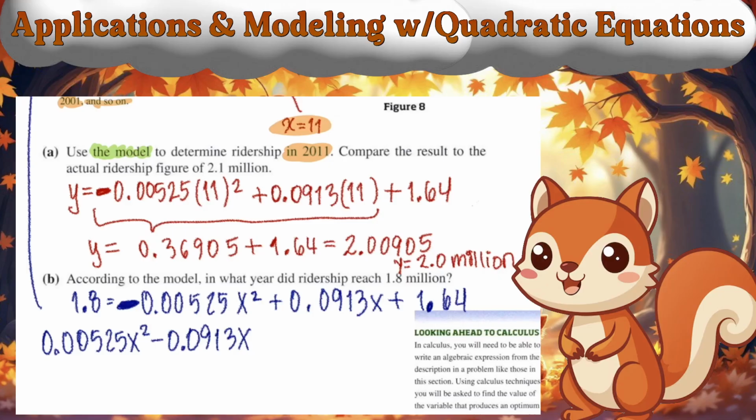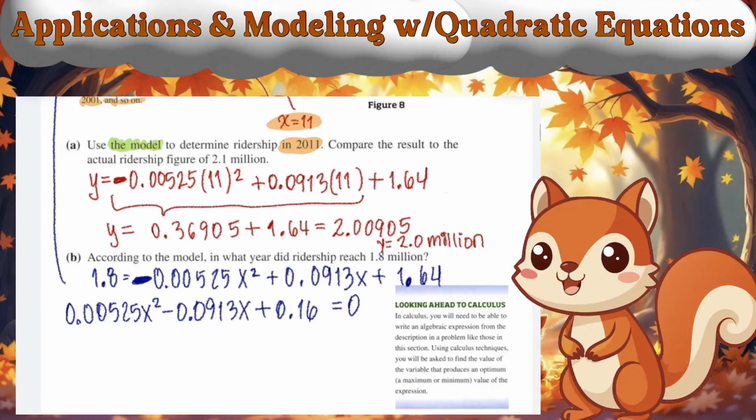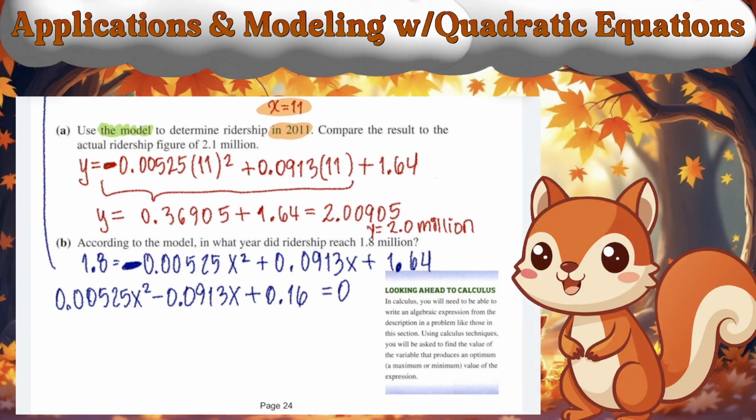Now, subtracting 1.64 from 1.8 leaves me with plus 0.16 equals 0. I hope it's obvious that I'm not trying to factor that. I'm going to use the quadratic formula, okay? That makes the most sense in this case.